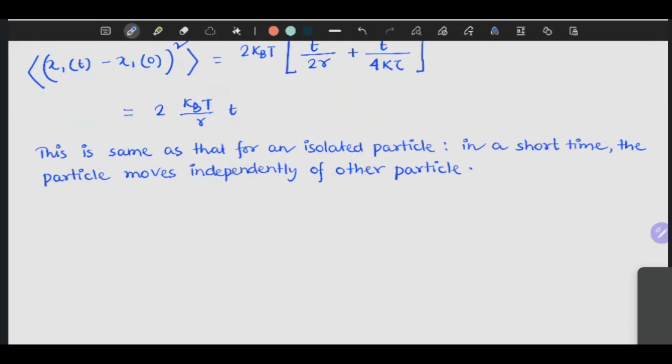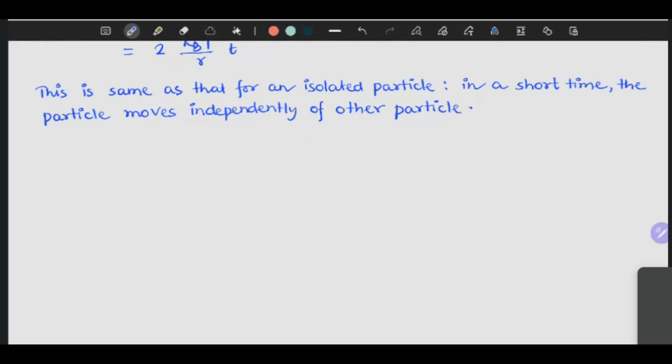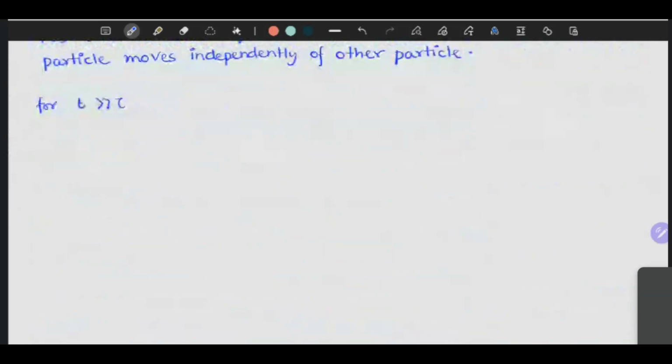Okay. On the other hand, for t very much greater than tau, <(x1(t) minus x1(0))^2> becomes kBT t/gamma.